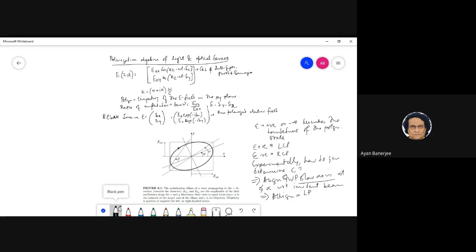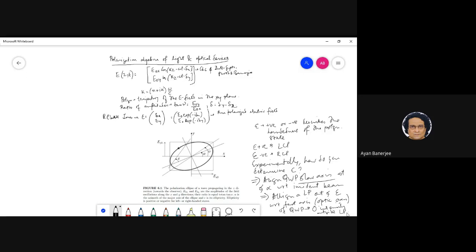So what I'm trying to do is, when you align the LP at angle epsilon with respect to the fast axis or optic axis of the QWP, you get zero intensity outside the LP.